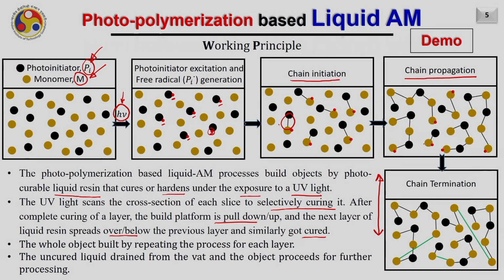It keeps on happening and the chain gets terminated when the free radical available with one monomer and the free radical available with another monomer form a bond together, and hence this particular chain is now formed and it gets terminated also because there are no free radicals further available with this chain. Like this, several chains get formed and hence the liquid resin gets hardened.